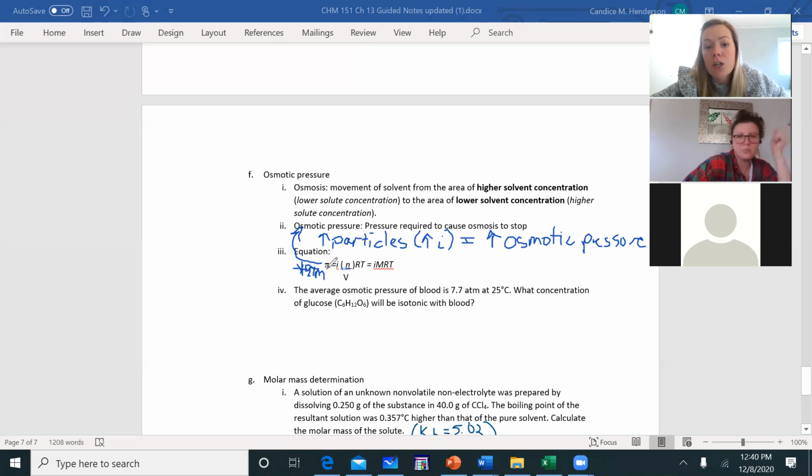Your osmotic pressure equals your van't Hoff factor, your I factor. The more particles you have, the bigger this osmotic pressure is. Those are directly related to each other. It's your I factor times your molarity, which remember is moles over liters, times R, and R is the gas constant.